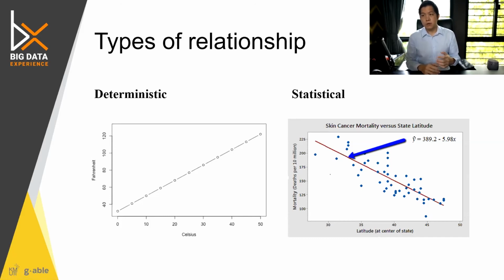Right? When such variations occur, you would want to explain the variation or the dependency between the two variables, the x-axis and the y-axis, with a certain relationship like this one. This is y hat, the y that describes the line here, equal to 300 something minus the coefficient, the slope, times the value of x.